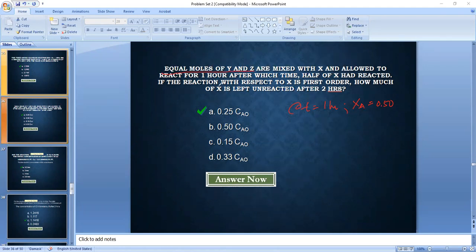If the reaction with respect to x is first order, your rate law would be very simple. So your rate law will simply be K C sub A, or in this case C sub X, because we're talking about X.